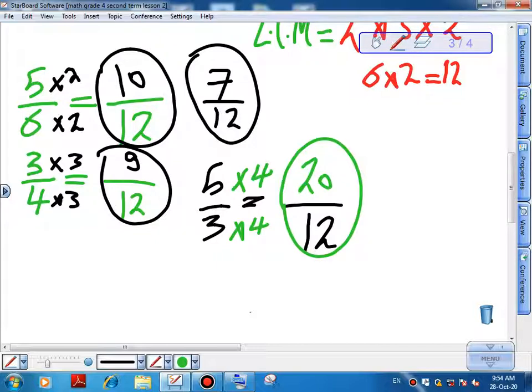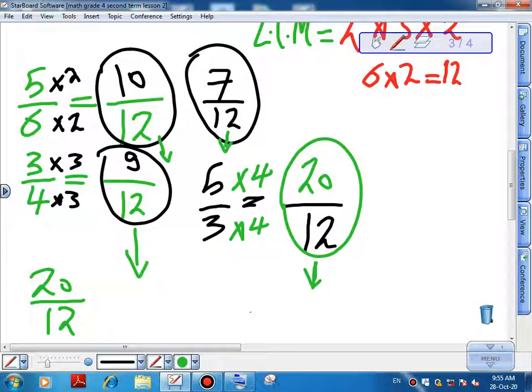The greatest fraction here, we look to the numerator. The greatest numerator here is 20. So the 20 will be the first one, 20 over 12.